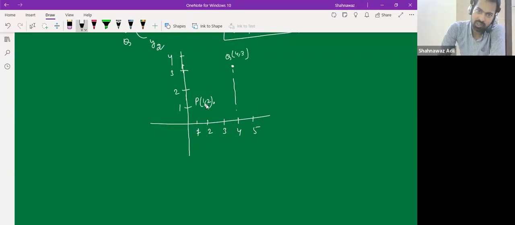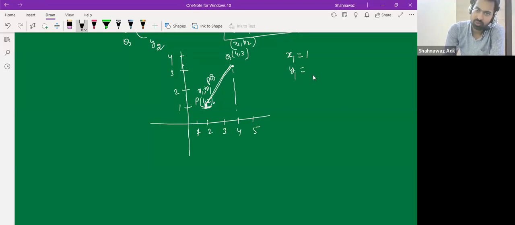The distance between these 2 points, this is PQ. To calculate PQ, what is x1? This one is 1. And x1, y1, x2, y2, right? So y1 is 2.